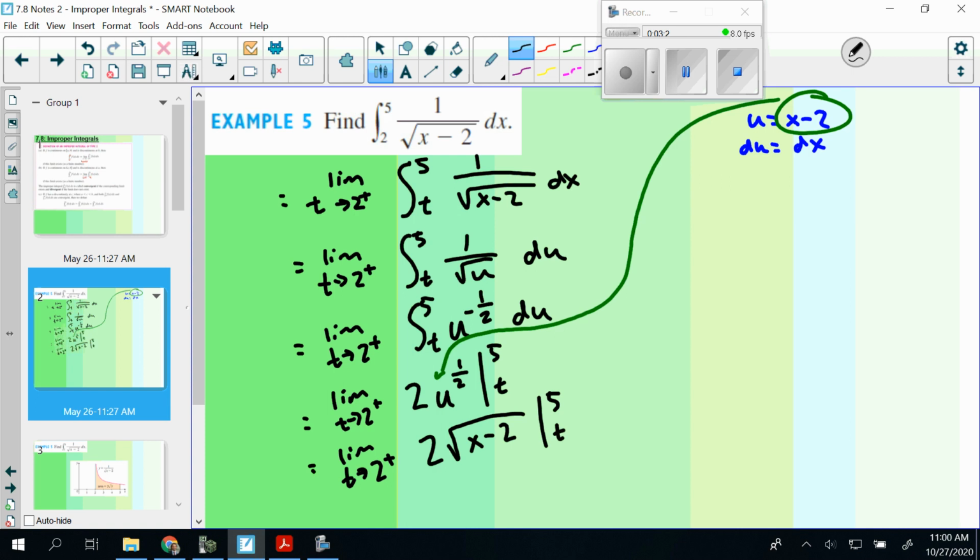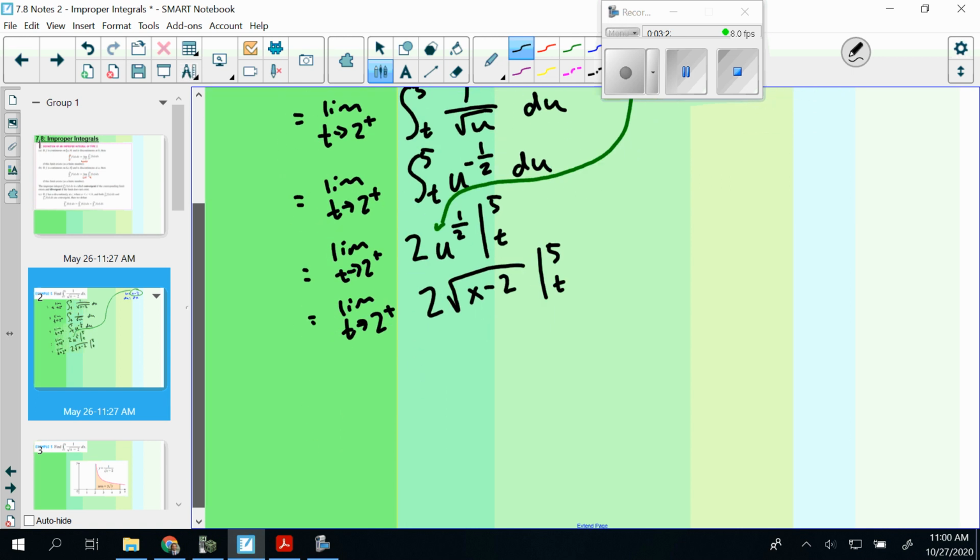So if we were to put 5 in there, 5 minus 2 is going to be 3, so we get 2 square roots of 3. Minus, if we put t in there, we're going to get 2 square roots of t minus 2.